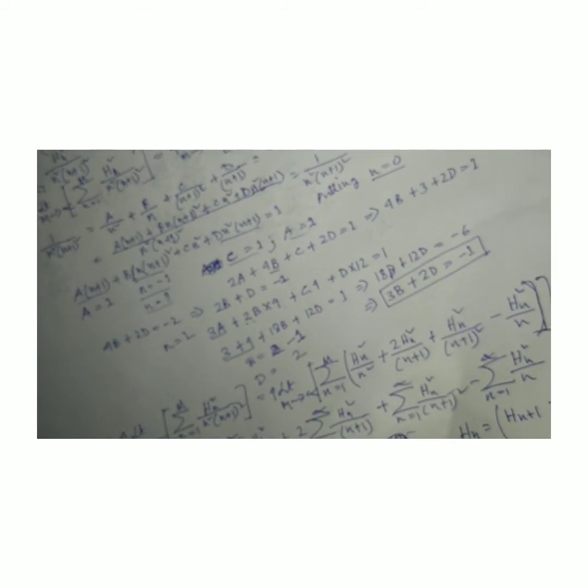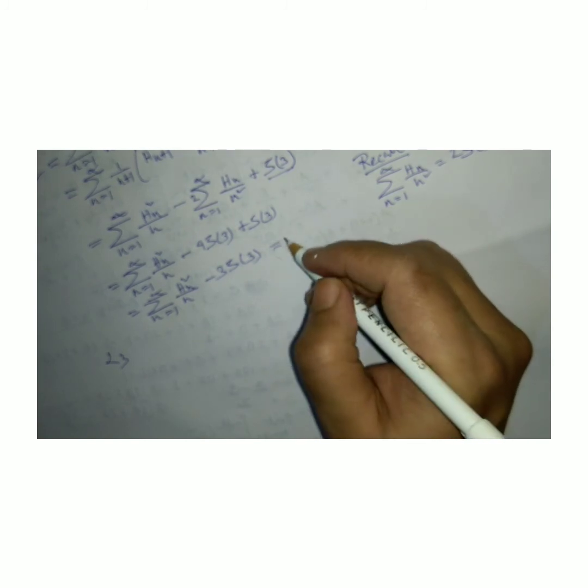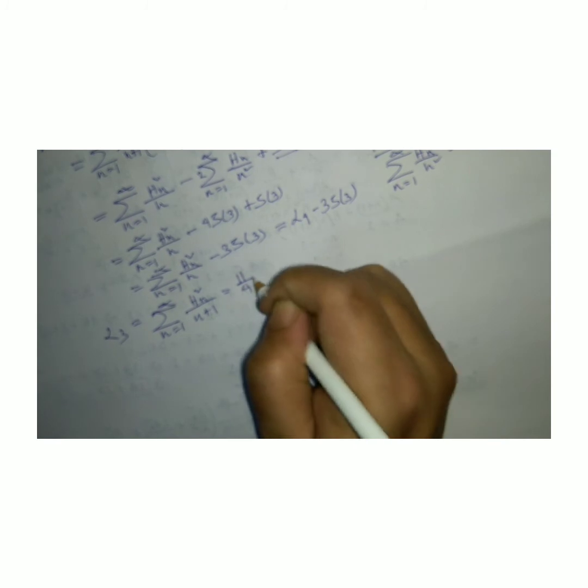And the L3 value, this I can write as L4. I can write this as L4 minus 3 into zeta 3. L3 value we know: summation n equals 1 to infinity H squared n divided by n plus 1 is equal to 11 by 4 zeta 3.